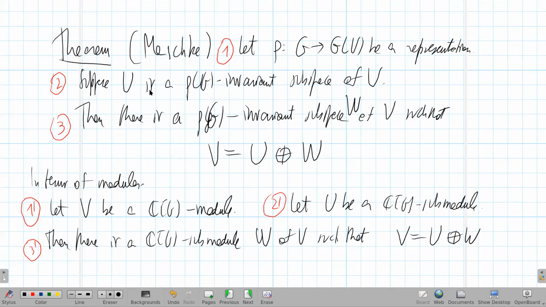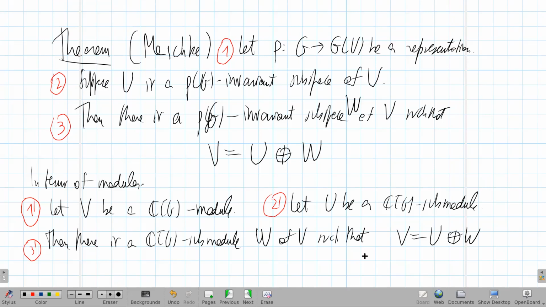I mean, you have a subspace U of a finite dimensional vector space V. You take a basis of this, extend it to a basis of the whole space, and you take the elements of the basis of V which are not in U, and they form a complementary subspace. So this holds also for representations, although for representations it is slightly more complicated to prove.